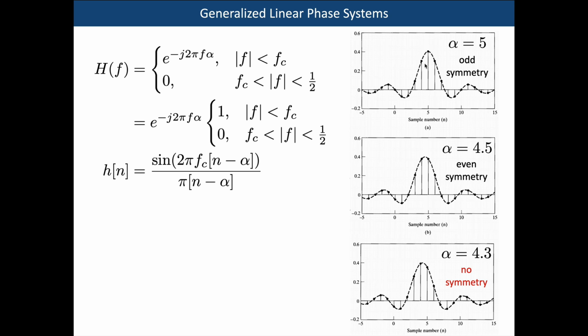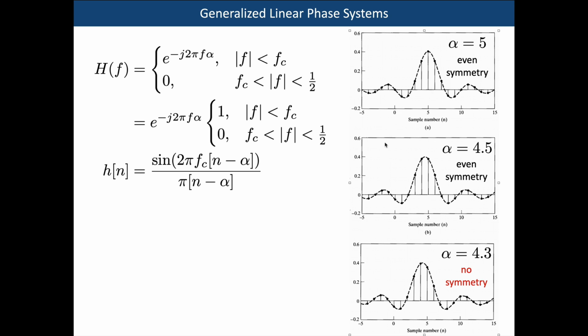But then at n equal 4 and 6, which are one sample ahead and behind 5, we have the same impulse response value. And then at 3 and 7, two samples ahead and behind alpha, we have the same value. So you can see that we get this even symmetry about the point alpha, or about n equal 5.